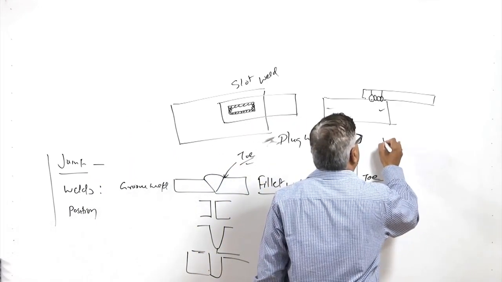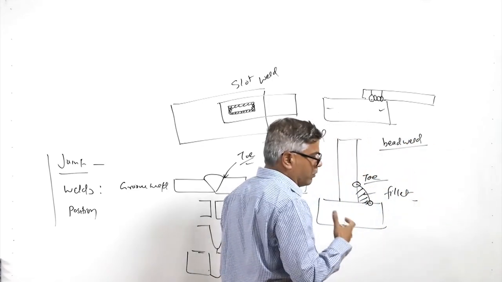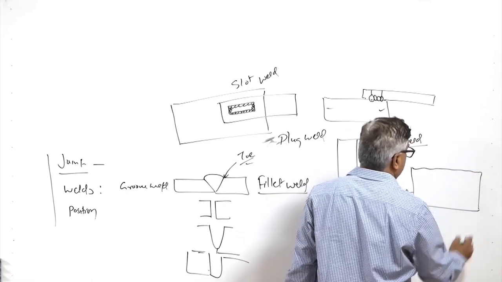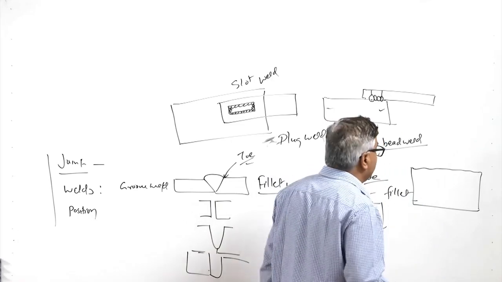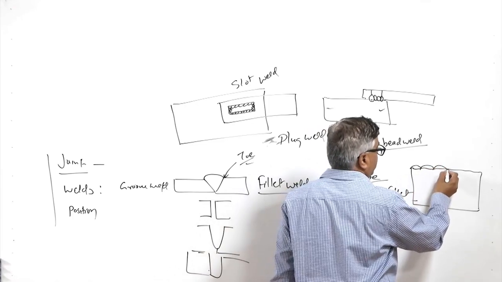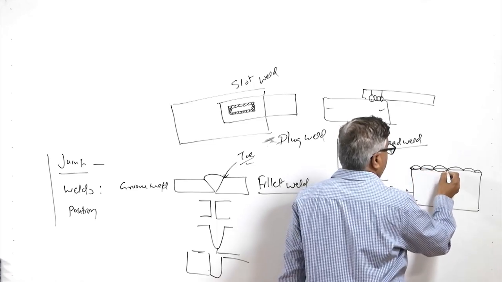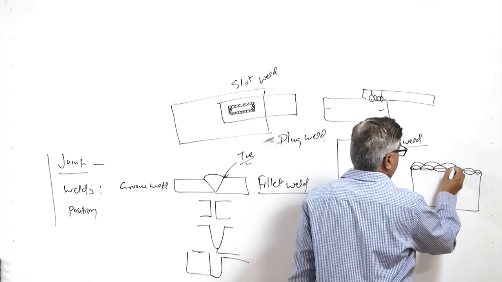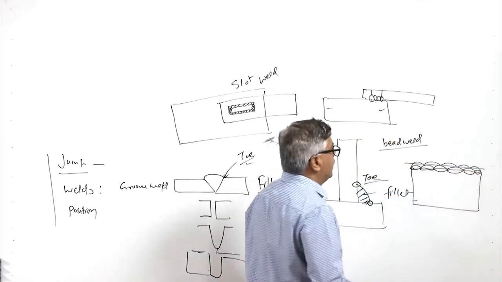And then we have the bead weld, which is normally used for surfacing or overlaying purposes. Like this is the surface of the component which has worn out or which needs to be surfaced for improved properties or to regain the dimensions, then we deposit the bead over the surface in this way, and likewise a number of beads can be deposited on the surface of the component, and then we can machine it in order to have the surface.